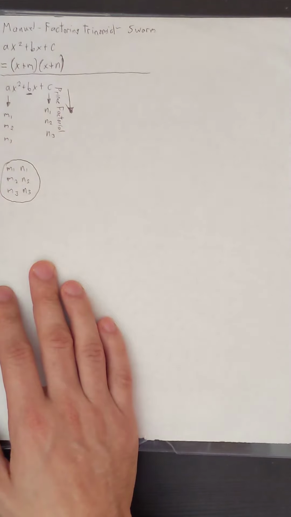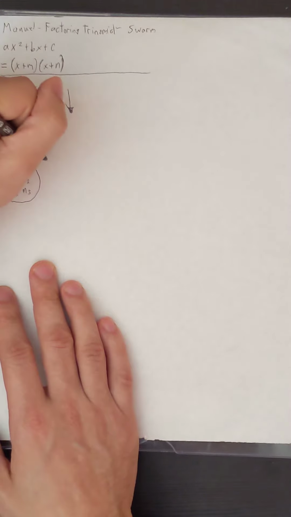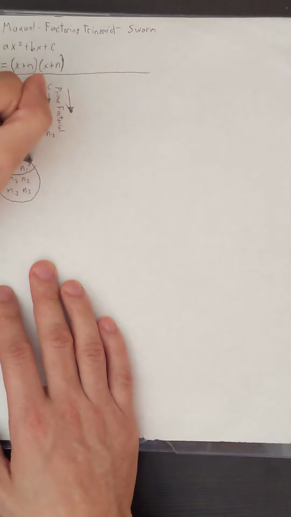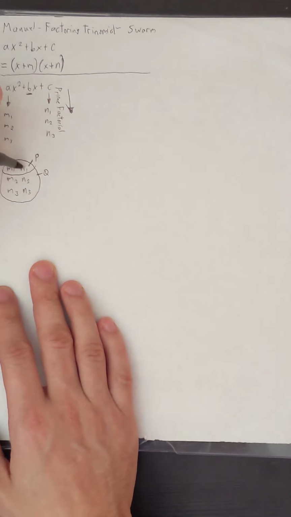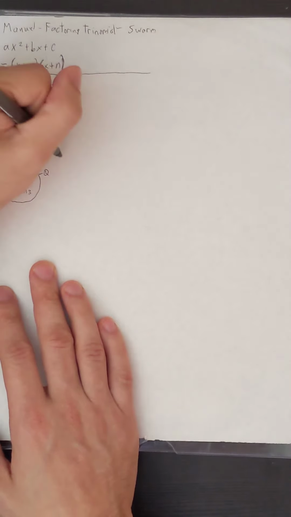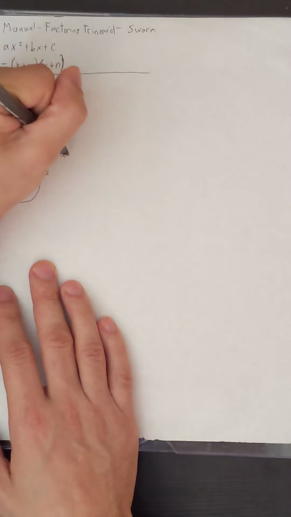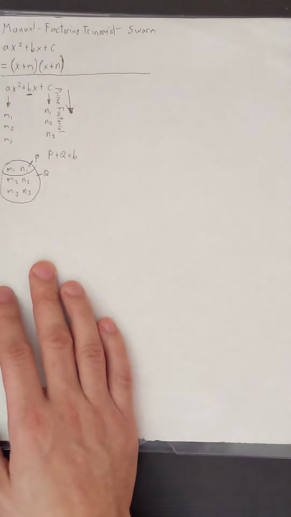And so the basic question is when we take a subset from this swarm. Let's suppose we just take this subset. We're trying to answer one question, but let's just label these subsets first. Okay, now that I made that subset, that's P and this is Q. And the big question is: is P plus Q equal to B?